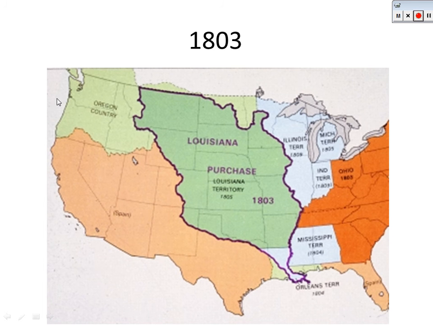The Oregon Territory split with England following the War of 1812. That wasn't resolved until 1846. And then all this territory, California, Nevada, Arizona, Utah, New Mexico, part of Colorado, and that border of Texas, was all gained as a result of the Mexican War in 1846, 1848.